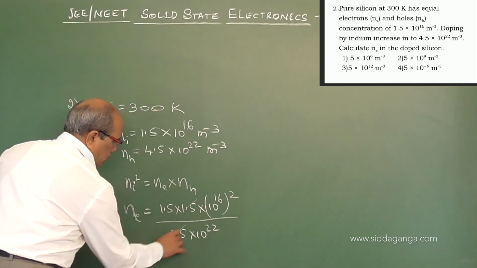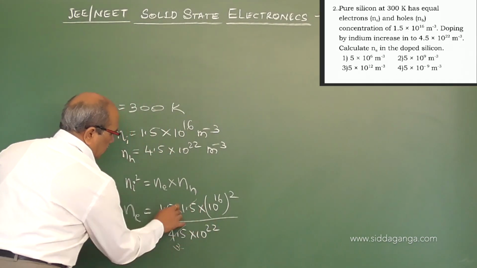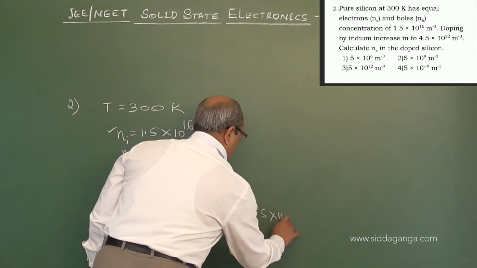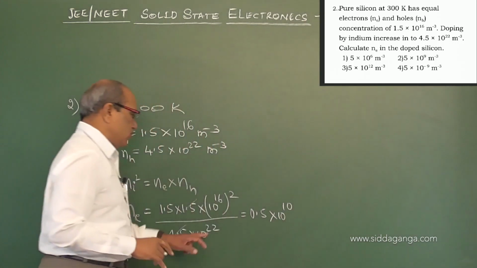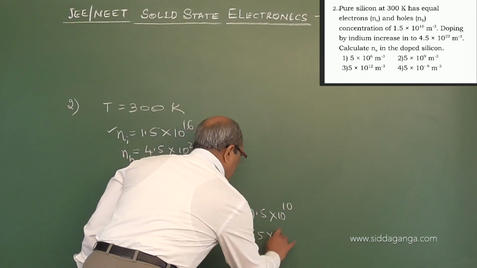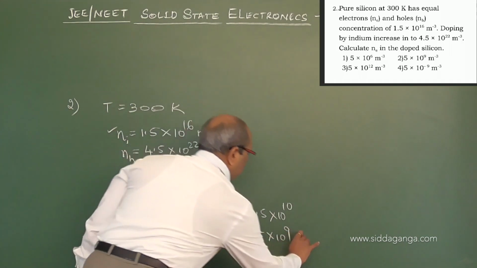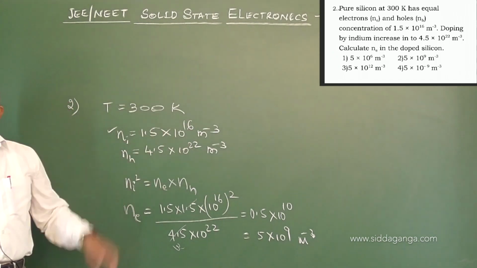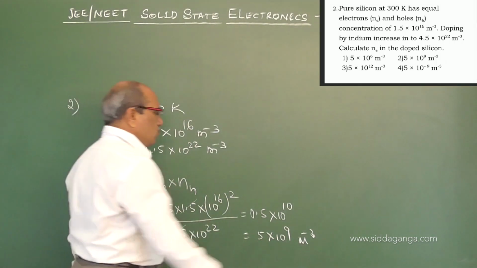So this is 0.5 into 10 power 10. The answer available is 5 into 10 power 9 per meter cube, the electron concentration. 5 into 10 power 9 per meter cube.